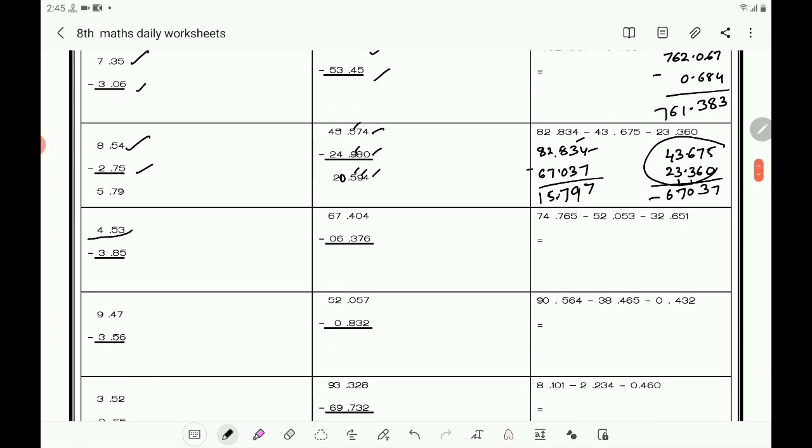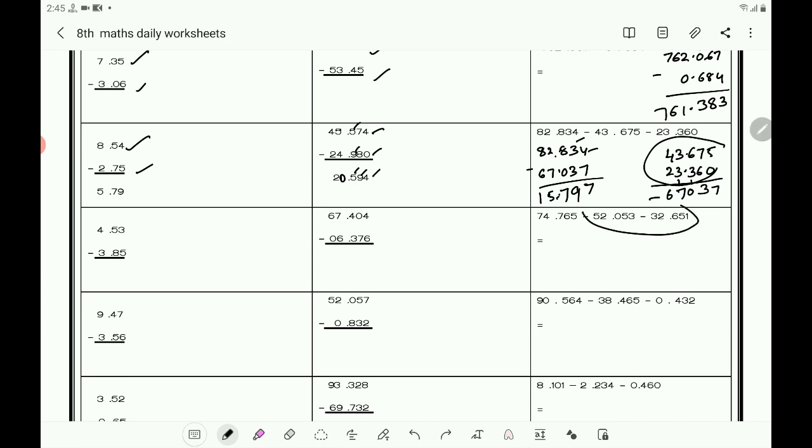Next you take 4.53 minus 3.85, then 67.404 minus 6.376. Here also find the sum of these two. 74.765 minus 52.053 minus 32.651. First you get the sum of these two, minus 52.053 and minus 32.651.